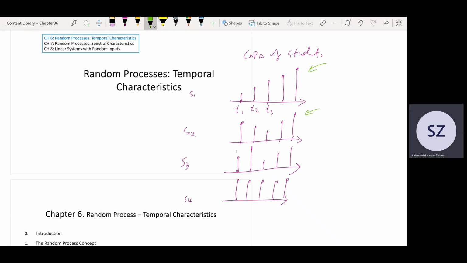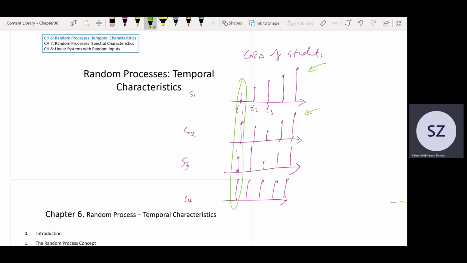However, if I look at a specific semester and I take a snapshot of all students at that semester, what do I get? I get a number for this student, another number for this student, a third number, a fourth number. If I have 100 students, I get 100 different numbers.